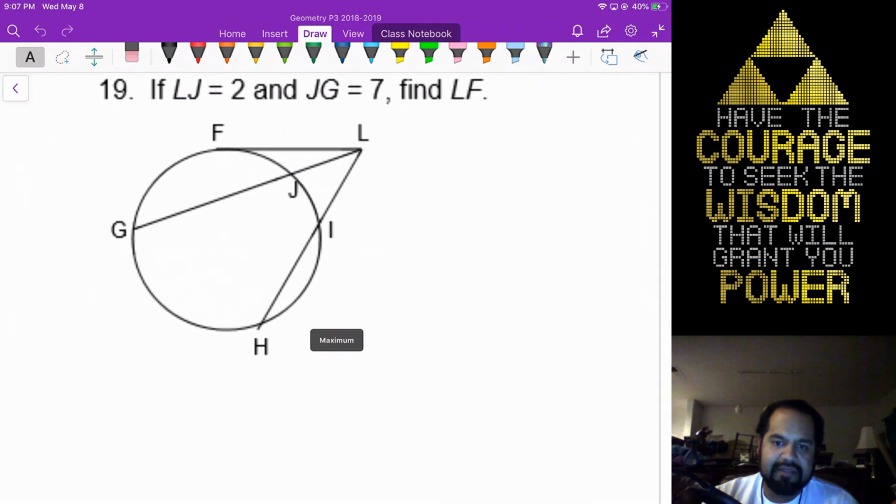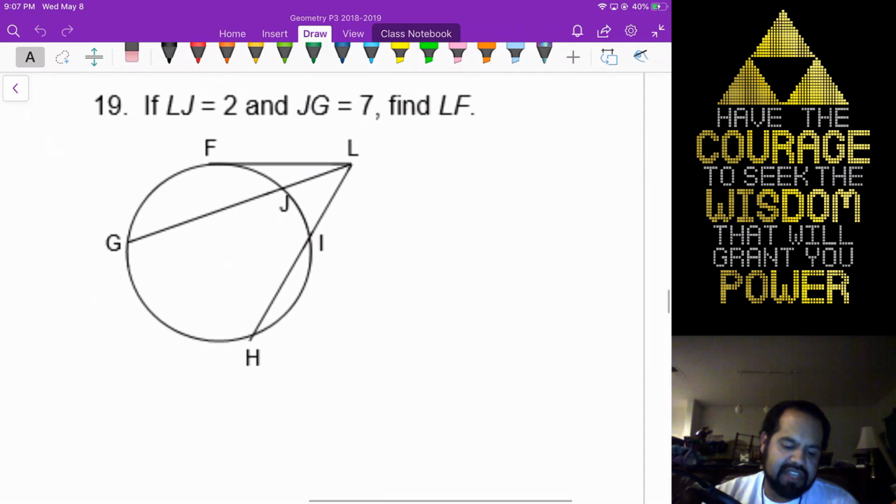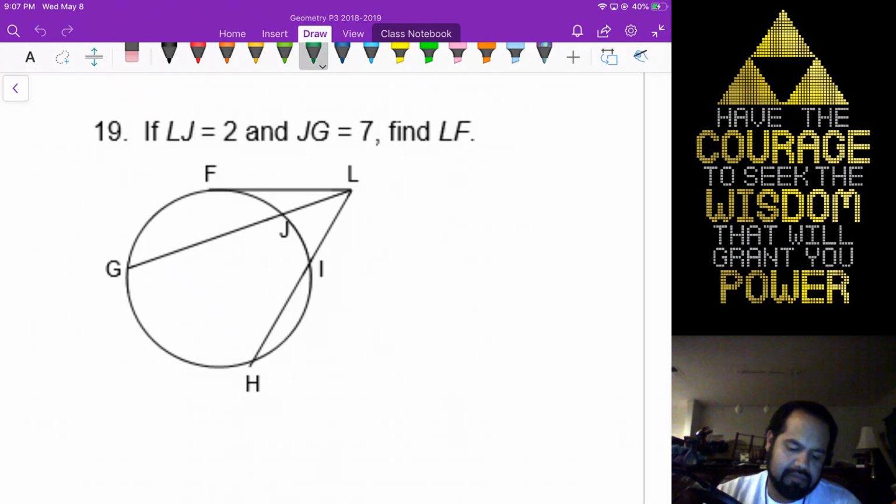All right, 19. LJ is 2. JG is 7. Find LA. Okay, so we're looking at a tangent line, and we're looking at a secant line.